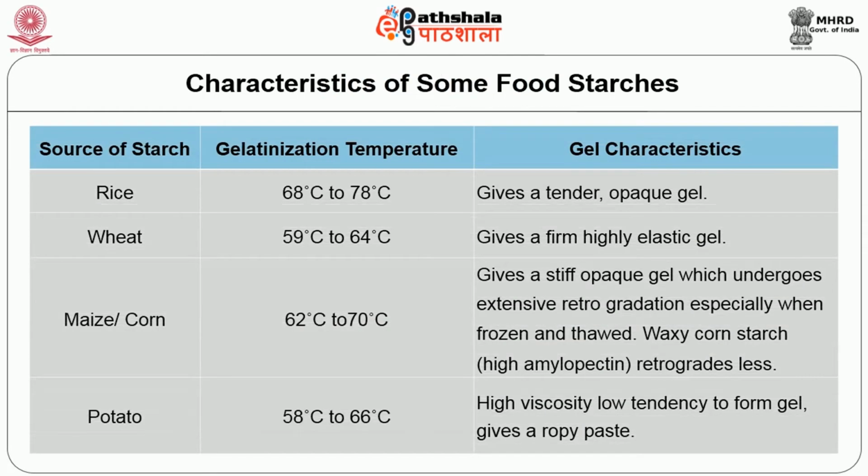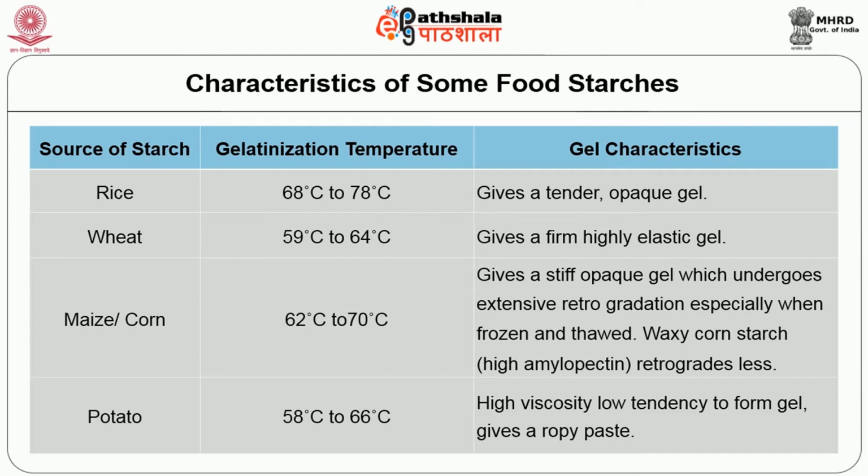Let us now have a look at the characteristics of some food starches. The characteristics of some food starches are tabulated in the following table. The first column denotes the sources of starch, next followed by gelatinization temperature, and the next column explains the gel characteristics.